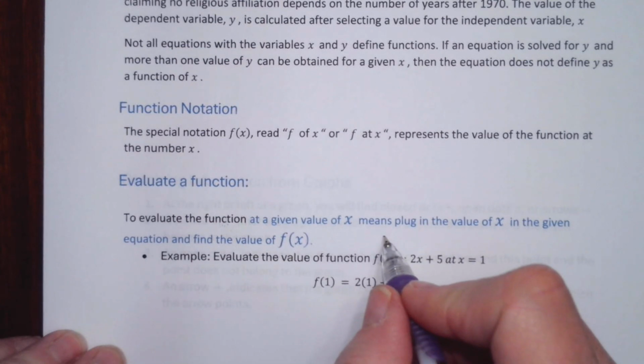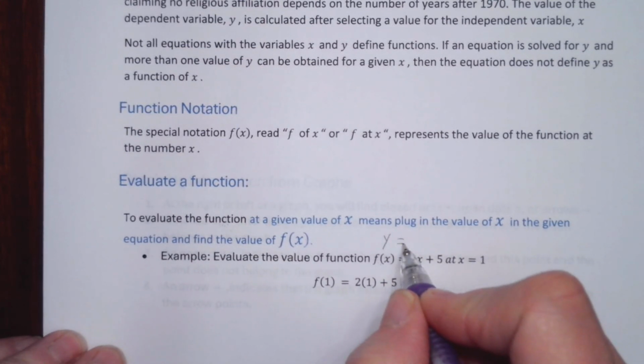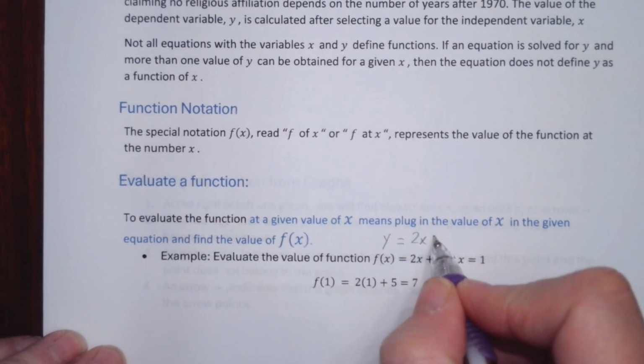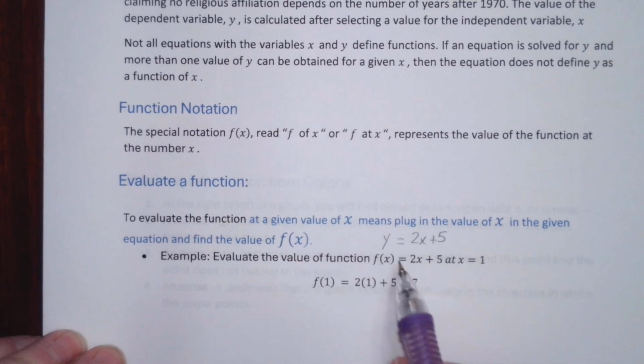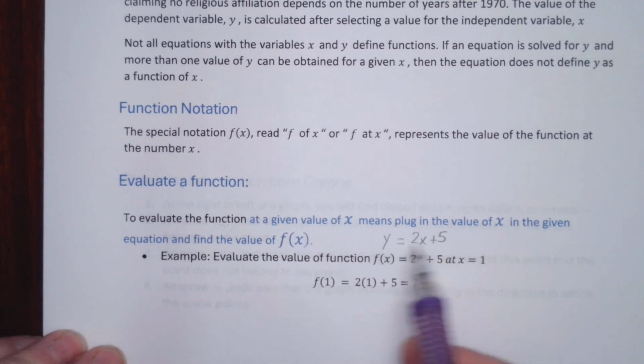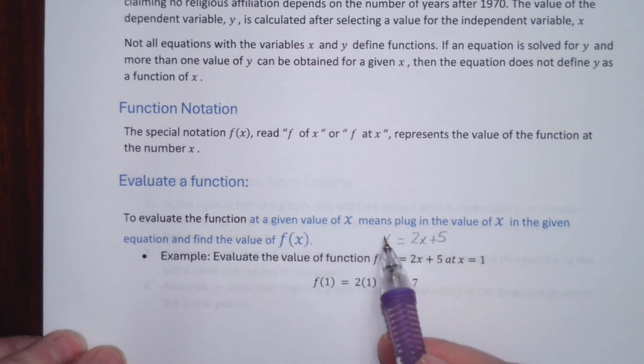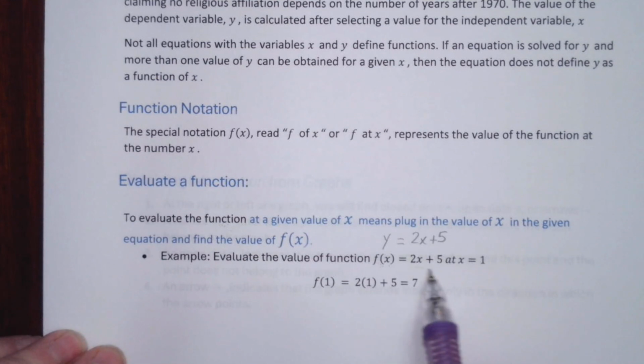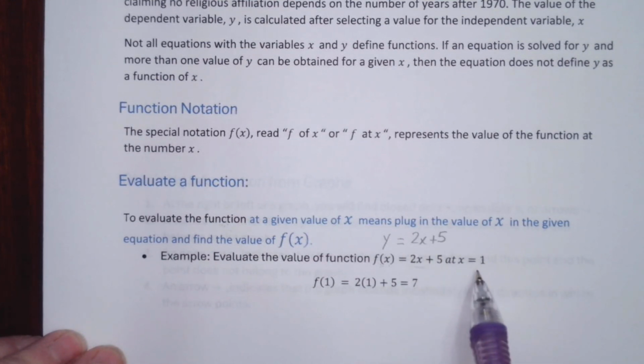Before, I could also have put this as an equation to look like that. But because I know it's a function, instead of y, I'm going to use f of x. So what I want to do is evaluate this function, what happens when x is equal to 1.